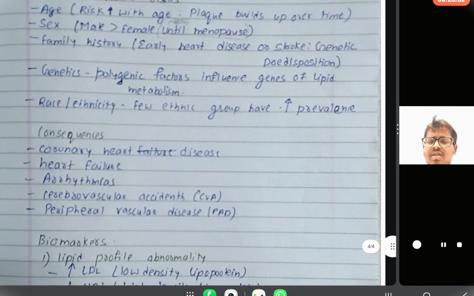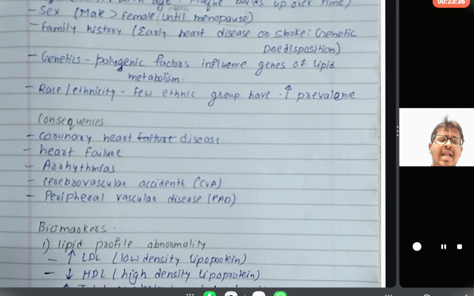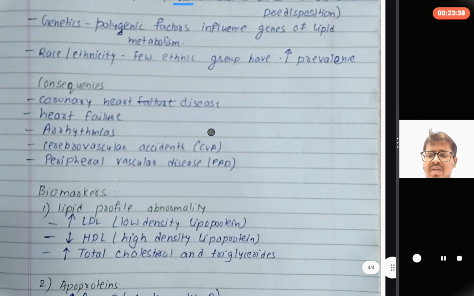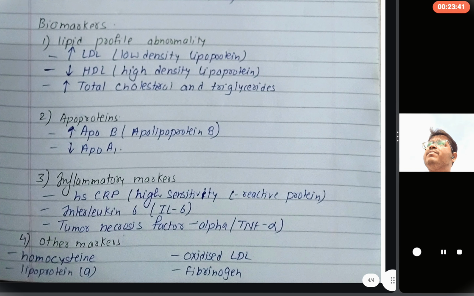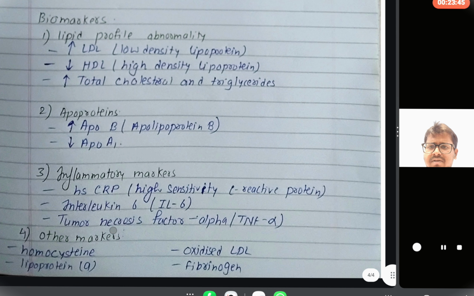Another consequence will be coronary heart failure and arrhythmia, which is like palpitation. Biomarkers: lipid profile abnormality, apoprotein, inflammatory and other markers.